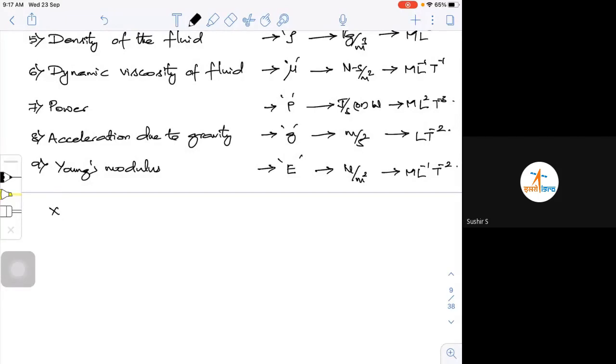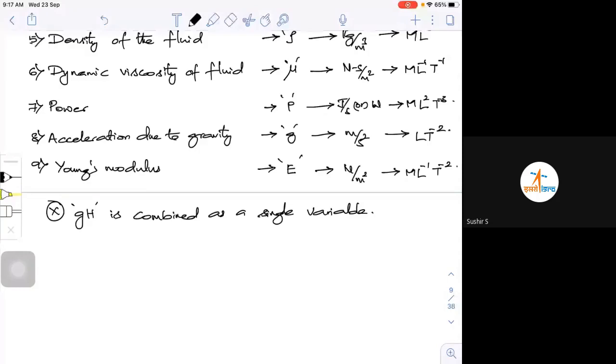See, what we try to do is, your G and H, two variables, are combined as a single variable. G and H is combined as a single variable.